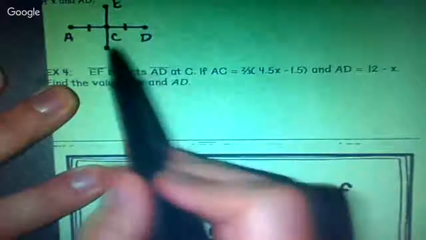So this piece and this piece are equal. The way you can show that is a little line on each piece. It crosses at C, so this is point C. So AC and CD are the same because EF is your bisector. So both sides of that line AD are the same.